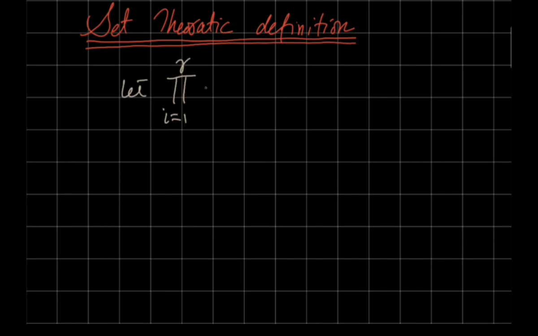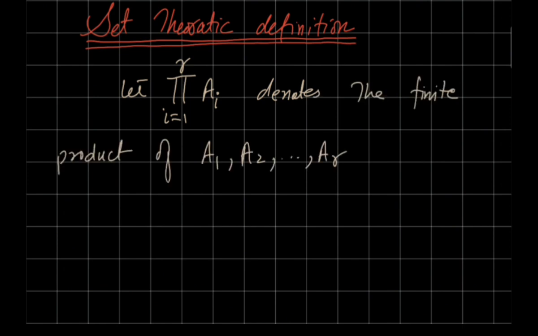Let the finite product from i equals 1 to r of A_i denote the finite product of A1, A2 up to Ar. It means that this finite product is the same as A1 cross A2 cross and so on up to cross Ar.